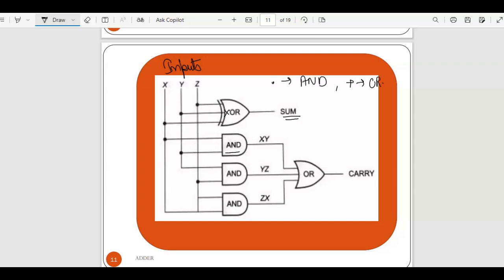So a dot you can see, the AND gate is giving you xy. So here the input is coming: this is x and this is y. This is y, this is z, and this is z and this is x. So like that you are getting xy, yz and zx, and when you add them with OR, you get the plus sign here. So you are getting carry here as the output, and sum here. But this is for 3 inputs. The previous one was for 2 inputs.